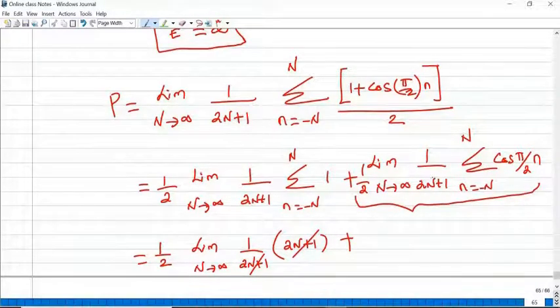First check if there is any possibility of cancellation of this 2n plus 1 after simplifying this particular step, cos pi by 2n, n from minus n to n. Definitely your result will not cancel this 2n plus 1 term. You won't get a 2n plus 1 term, so there is no need to solve this step.